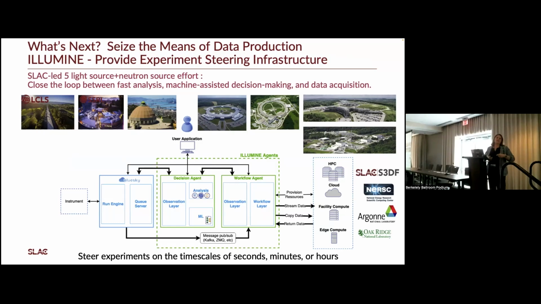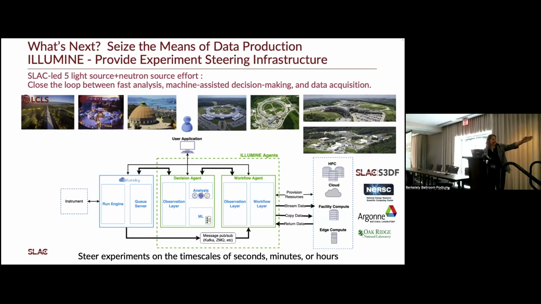Sometimes you want to know, have I accumulated enough data to move on to the next data point? Have I explored the phase space adequately? These are questions that require a significant analysis of data in order to answer, right? So you need more time and more compute. These slower loops are ones where we might potentially involve the leadership class facilities in the future.